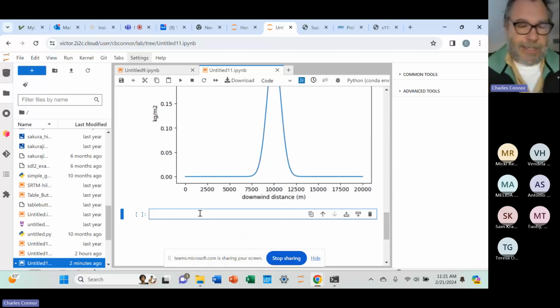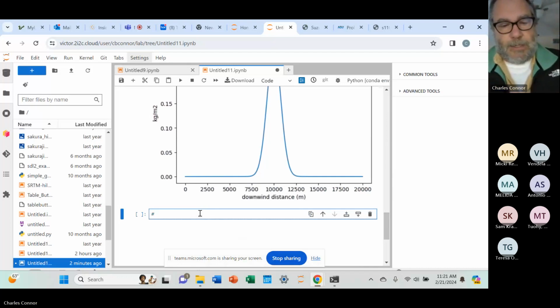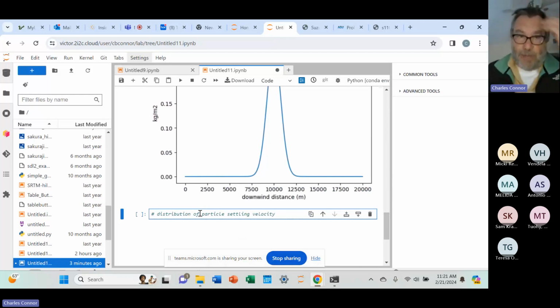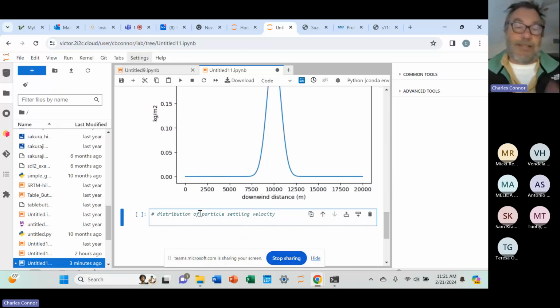And I'm going to use the same approach I used last week. I now want to know the distribution of particles' settling velocity. Let's just stick with settling velocity. So I'm not going to get into how big the particle is that's settling. I'm just saying there's a distribution of settling velocities. And let's just say I'm going to do this in a parametric way.